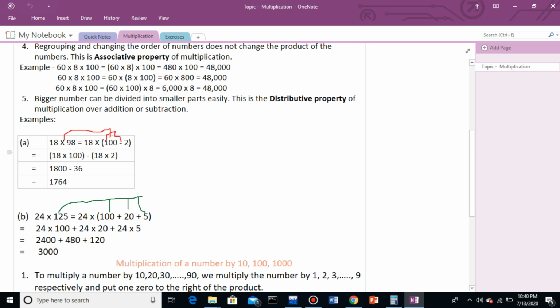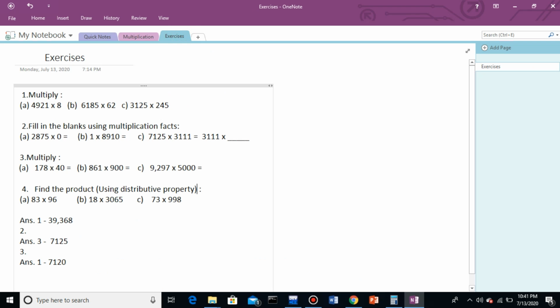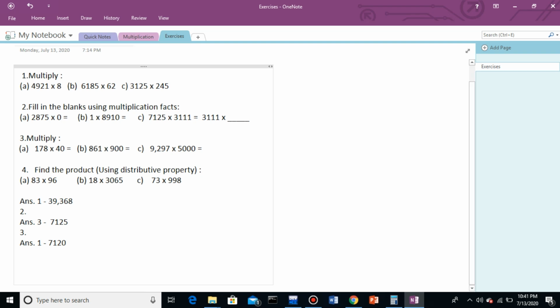So 18 into 100 minus 18 into 2. 18 into 100 is 1800 and 18 into 2 is 36. Now if we subtract 36 from 1800, the answer will be 1764.